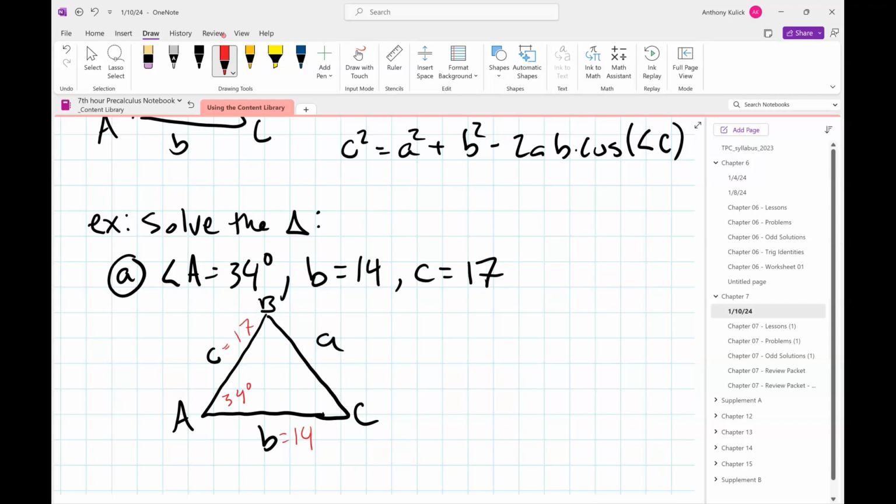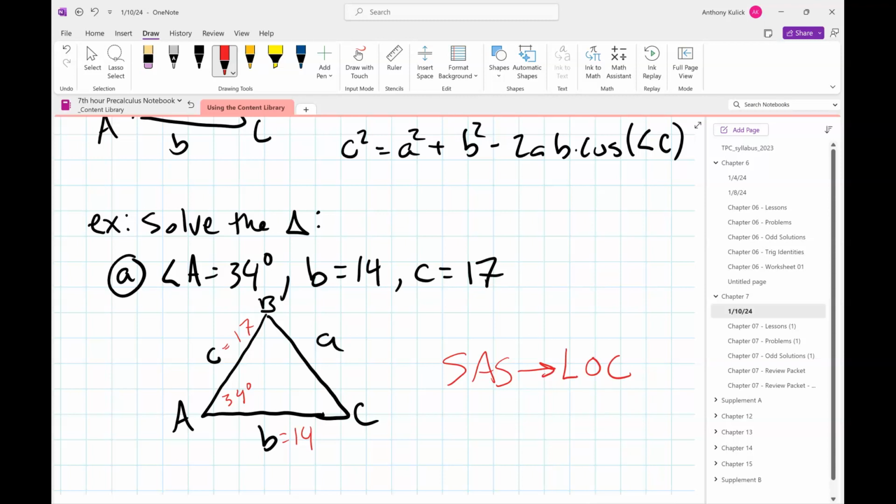What situation is this? Lexi says side angle side. She's correct. That tells us we need to be using the law of cosines here.